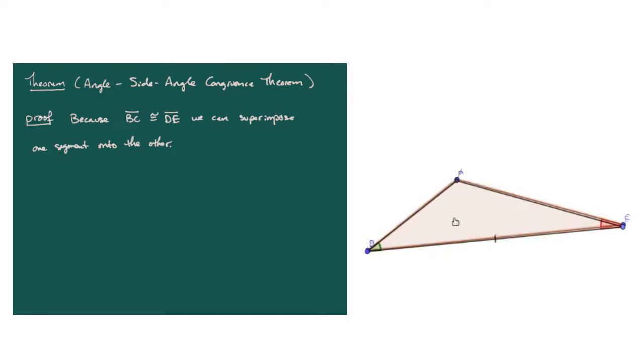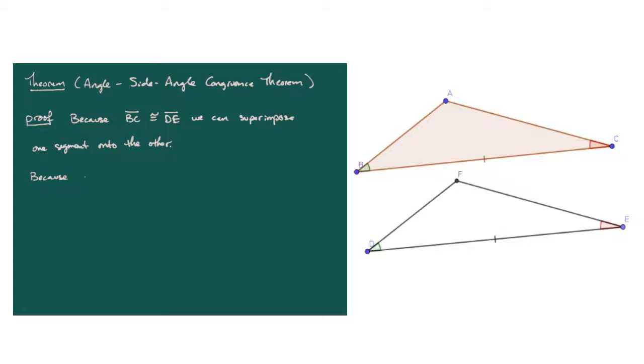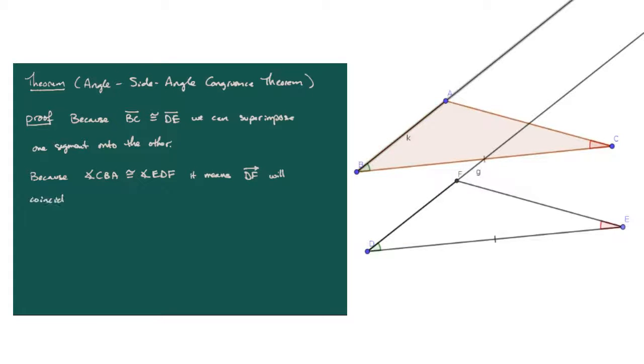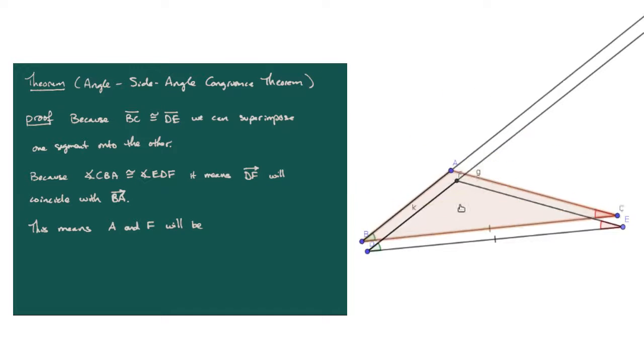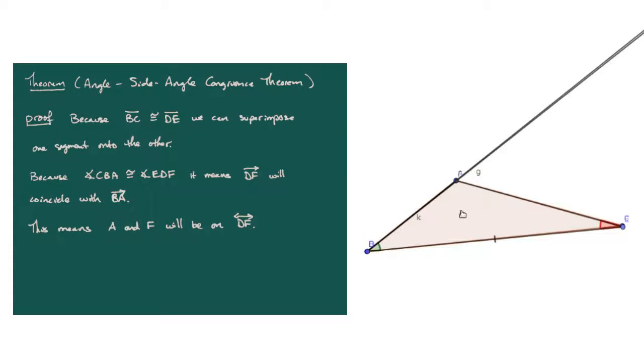Now, what happens when we do that, because our angle CBA is congruent to our angle EDF, it means that our two rays, that our ray passing through BA and our ray DF will coincide. So when we do that, what that means is that points A and F will actually be on our line segment that passes through DF.